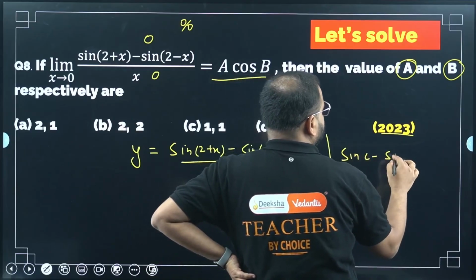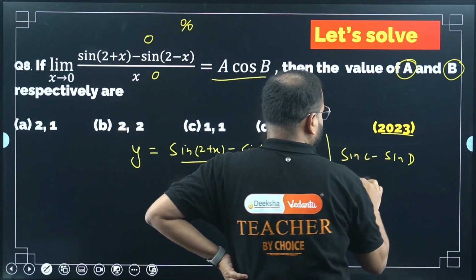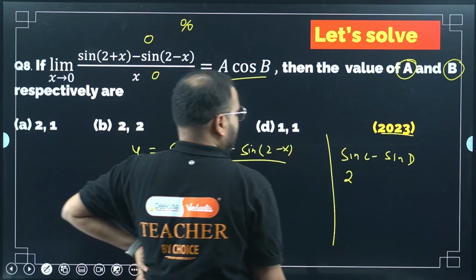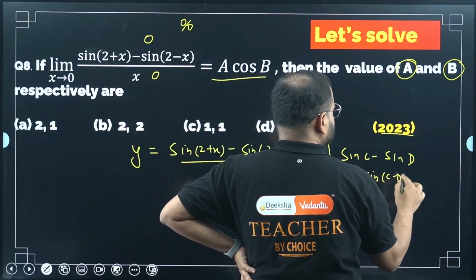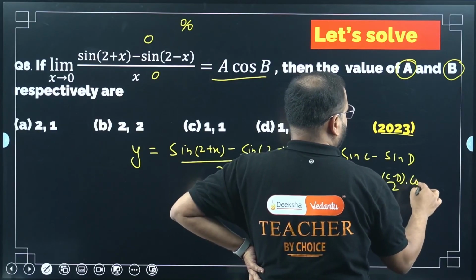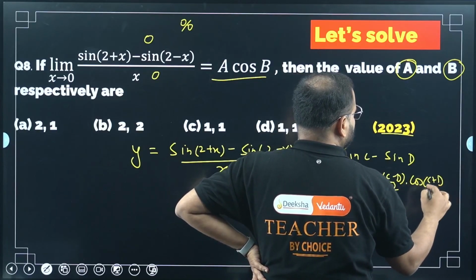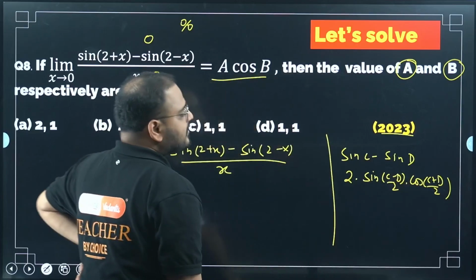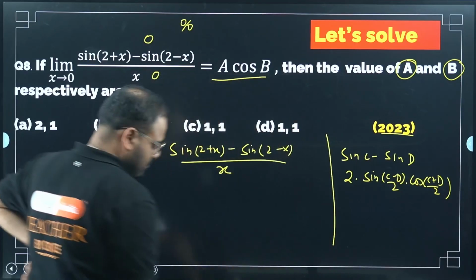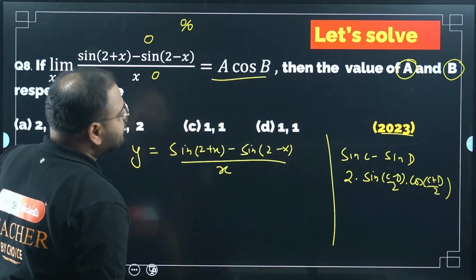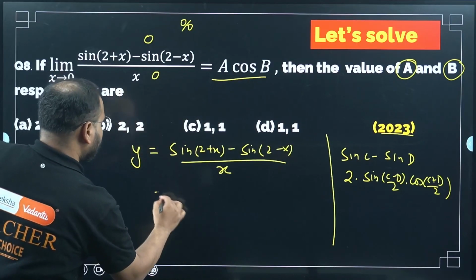It is 2 times sin of (c minus d) upon 2 times cos of (c plus d) upon 2. Am I right? Let's apply and find it out.